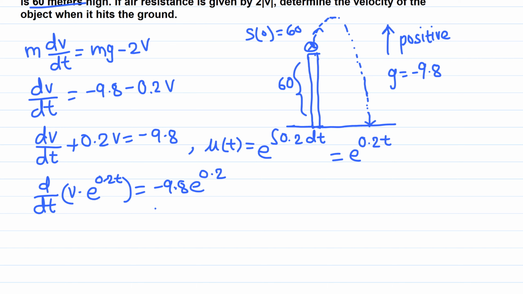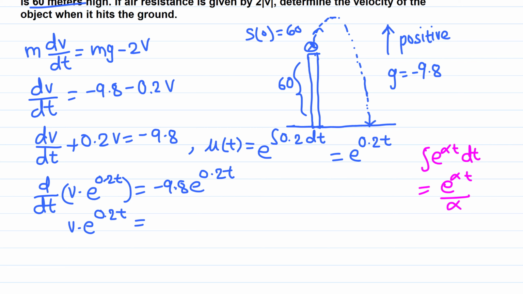Next, integrate both sides, then we get v times e raised to 0.2 t equals, for the antiderivative, we know that when we have e raised to alpha t, an exponential function, we need to divide by alpha.